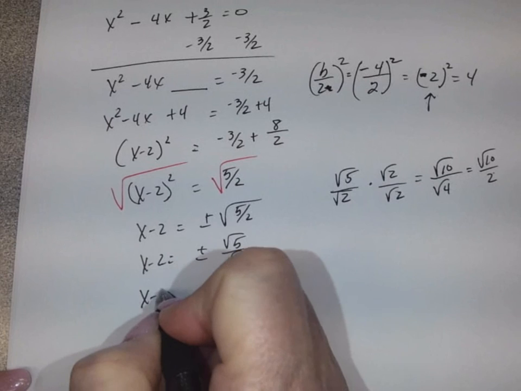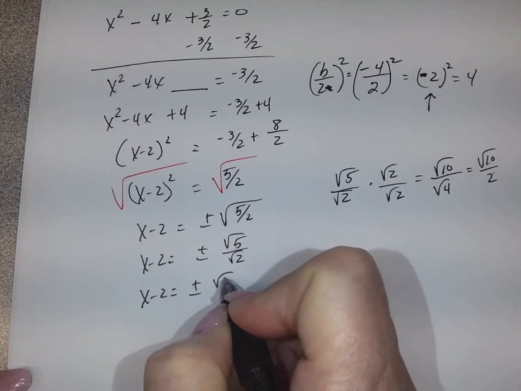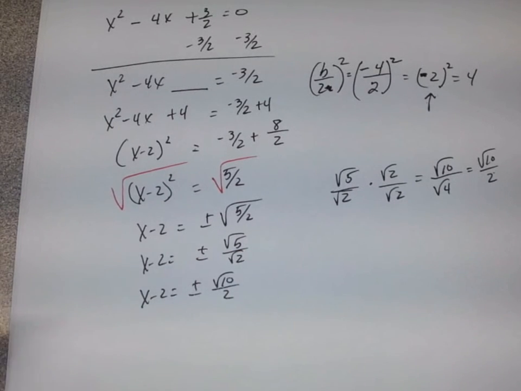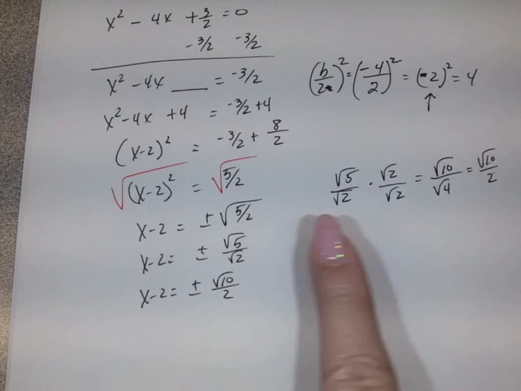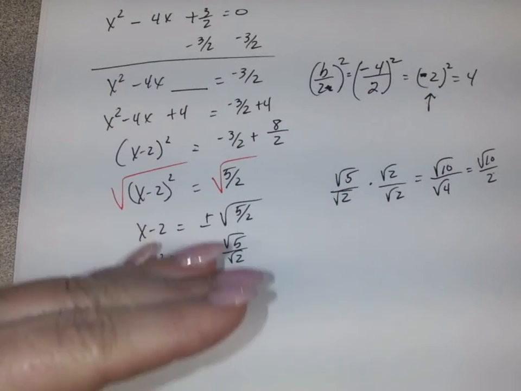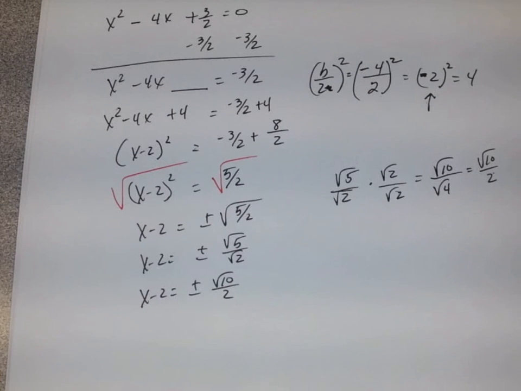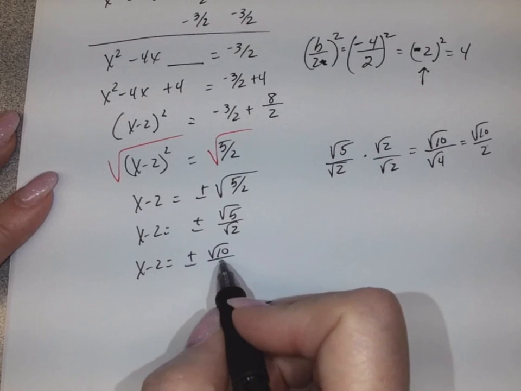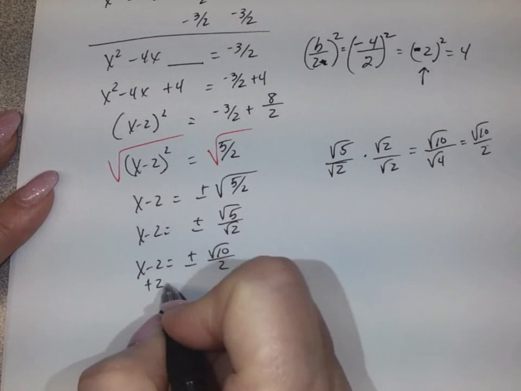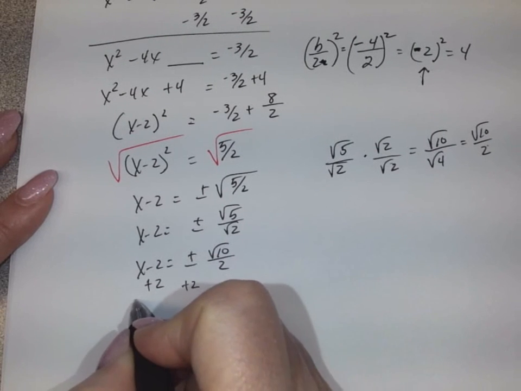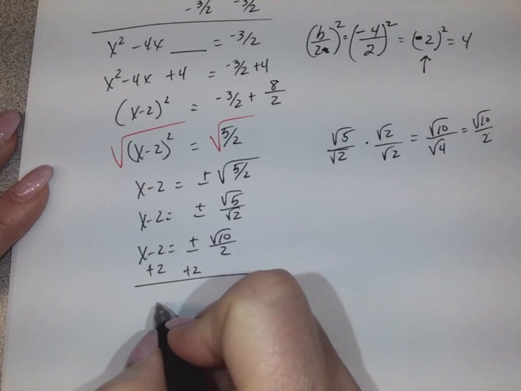And again, you could work it all down here. I'm just choosing to work it off to the side, so I'm not losing the process of our equation here. All right, so now I just have to add my 2 over. So our x would be equal to 2 plus or minus the square root of 10 over 2.